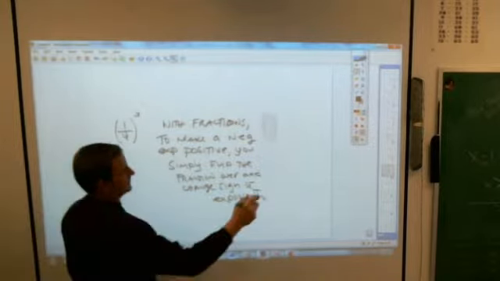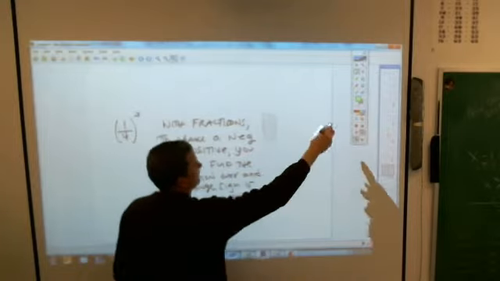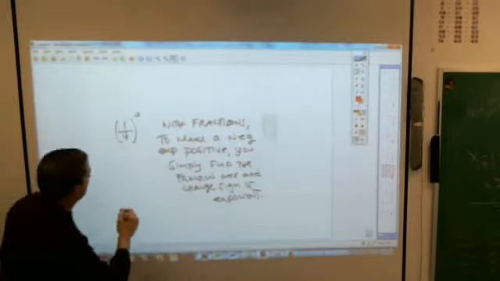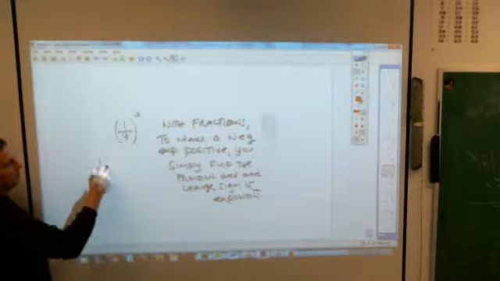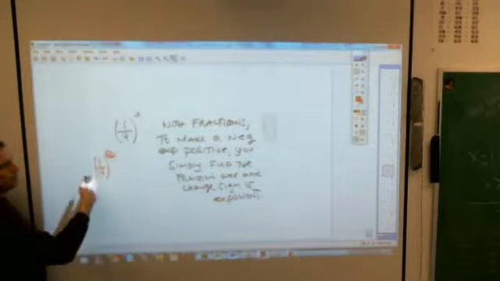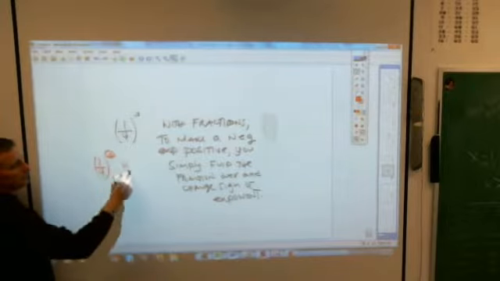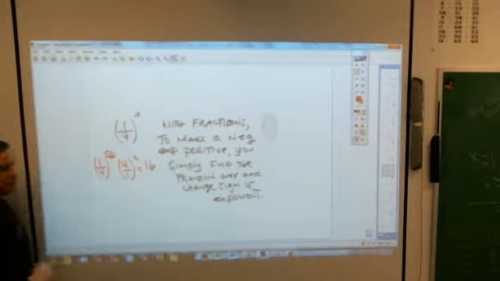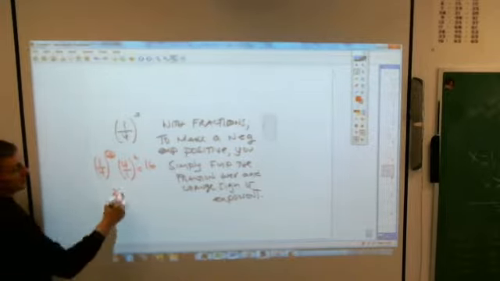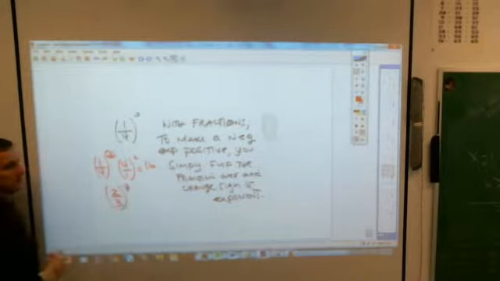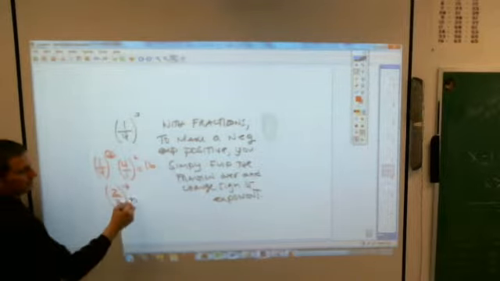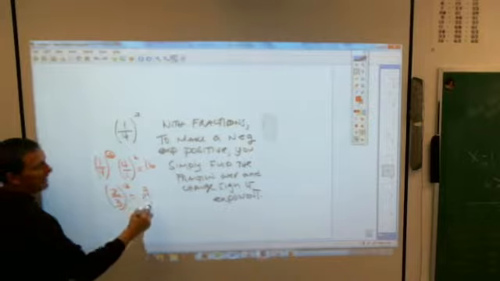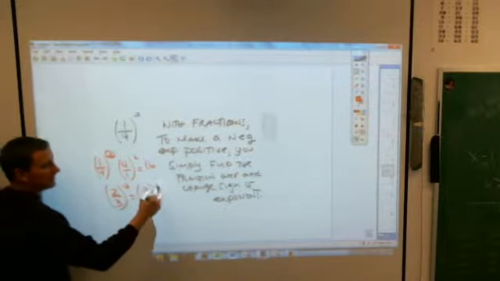So, the gist of that is this, ladies and gentlemen. Starting with the one we just did, in order to make this negative exponent positive, you just take this fraction inside, flip it over, and it becomes positive. And that's where 16 over 1 came from. If I had 2/3 to the negative 3 power, it is the same thing as 3/2 to the positive 3 power.